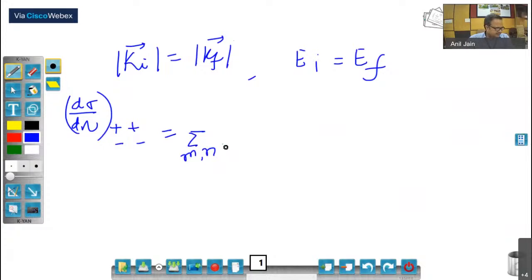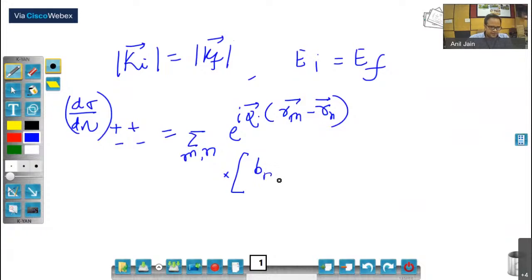sum over m, n, exponential iota Q dot, where Q is my scattering vector, and these are the positions of the magnetic atoms, times b of m, b of n star, plus minus.